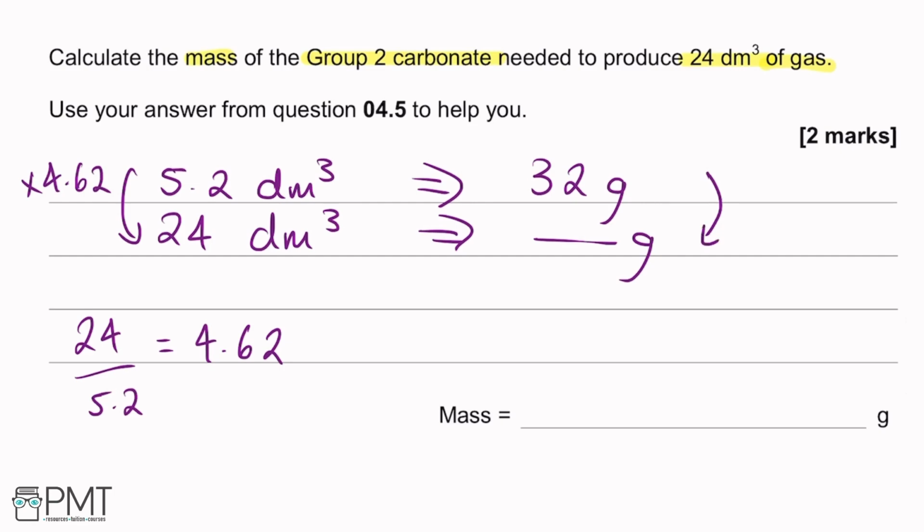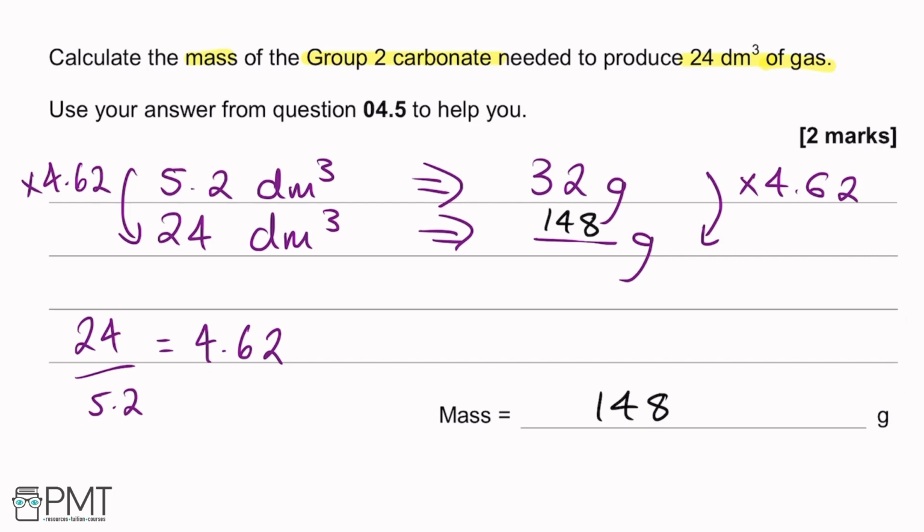So I can do 32 grams times by 4.62. And if I type that in my calculator, I will get, again, quite a long number, but somewhere around 148 grams. And that is the correct answer for 2 marks.